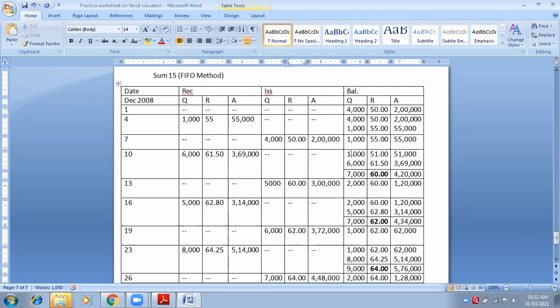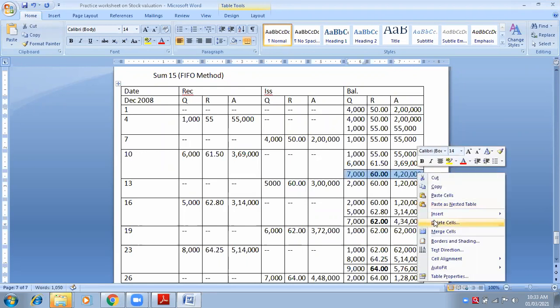Now we need to show the balance. 1,000 at the rate 55, 55,000 will be copied down first. Next, 6,000 will be brought down there: 6,000 at the rate 61.50, 3,69,000.